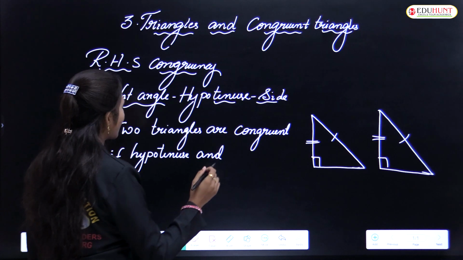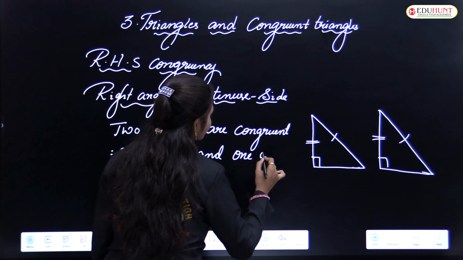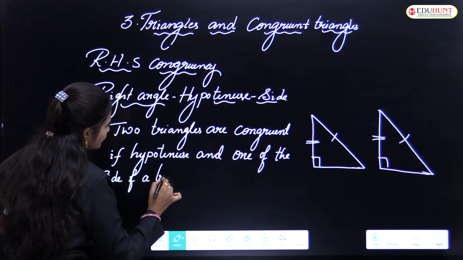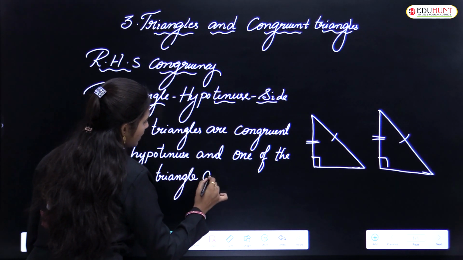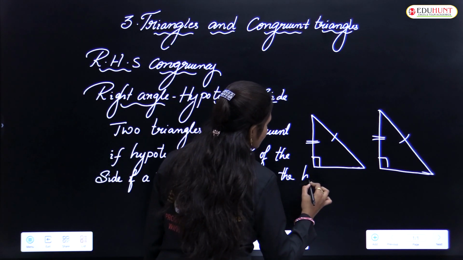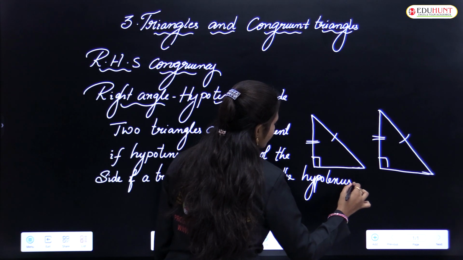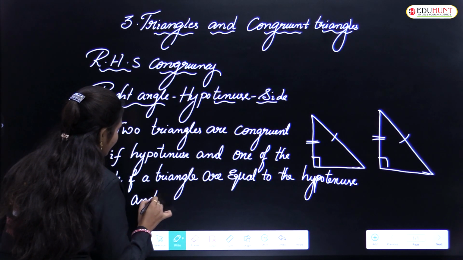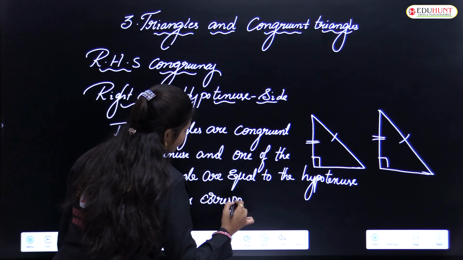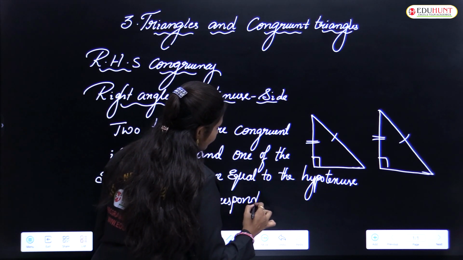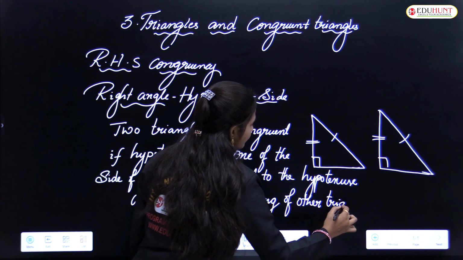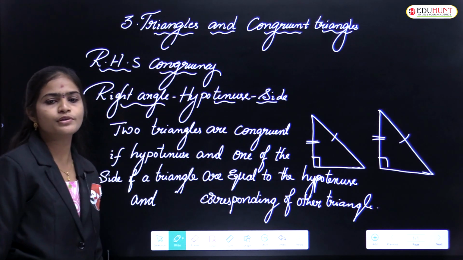So that's why we are discussing the hypotenuse and one of the sides. So this is about the right angle hypotenuse side axiom.